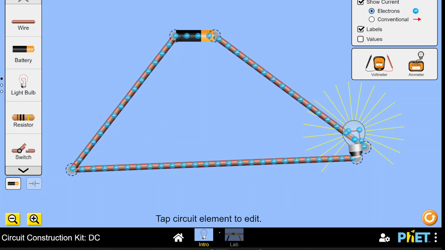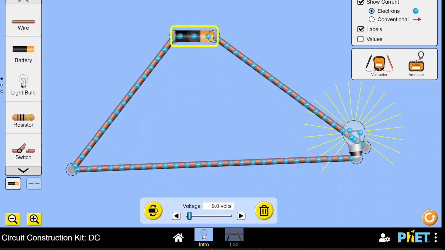Okay, what about if I increase the charge? I think there was something that I could do about the charge. Yeah, I can increase the potential difference. This battery that you see, how about I increase the potential difference? What do you think you will see? You will see more charges passing by. Because we said if you increase delta V, current will increase. Delta V and I are directly proportional.